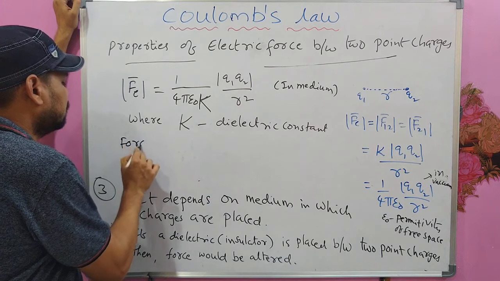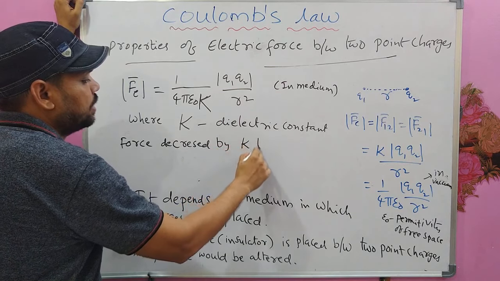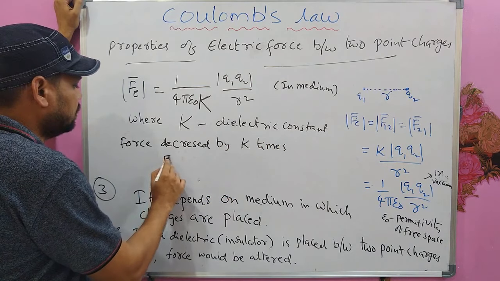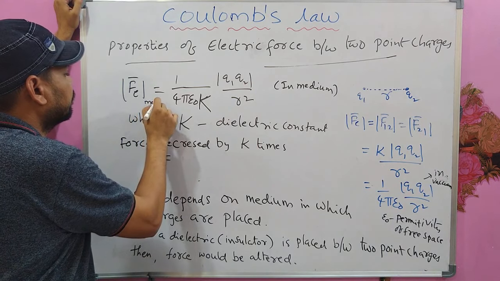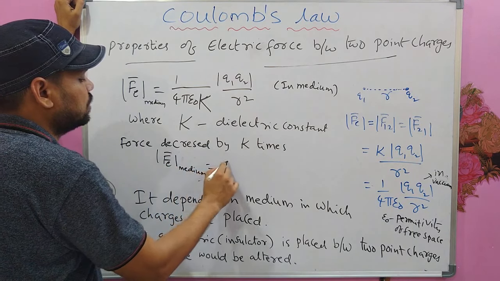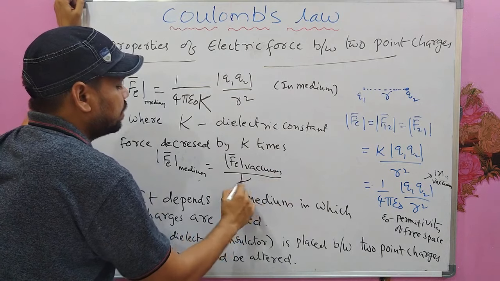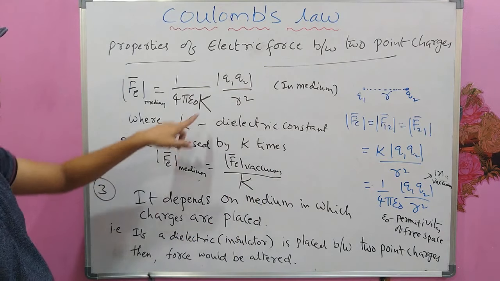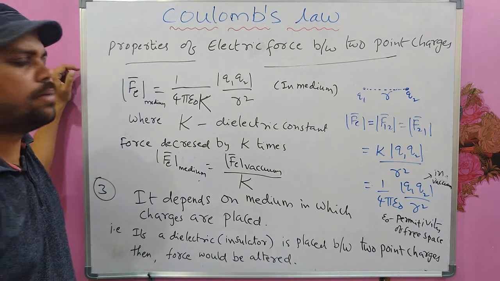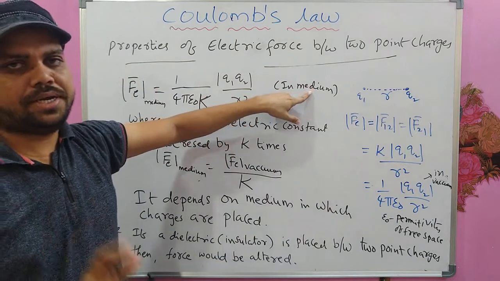Now, what did you observe from these two expressions? The force decreased by K times, which means if I write it as medium, Fe in medium is equal to Fe in vacuum by K. This may be because of induction of charges into the molecules of the intervening medium.